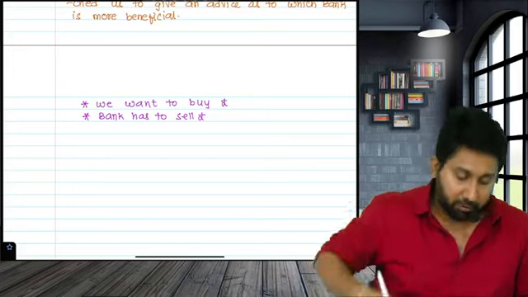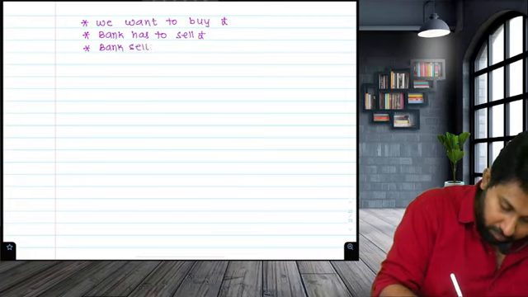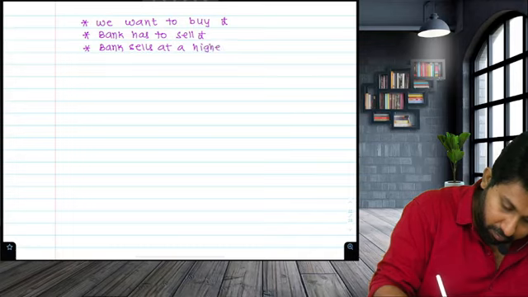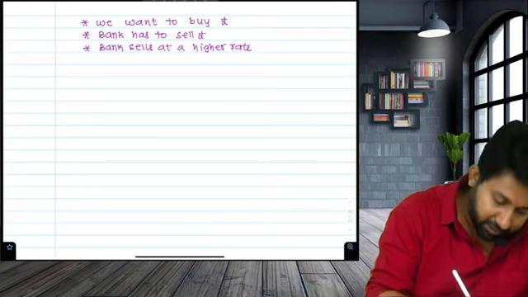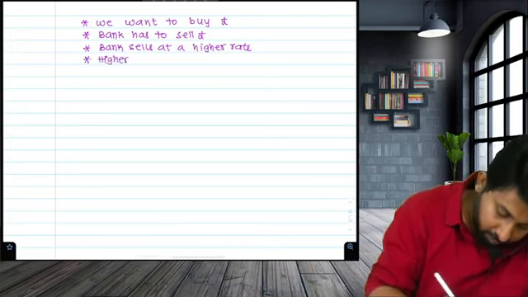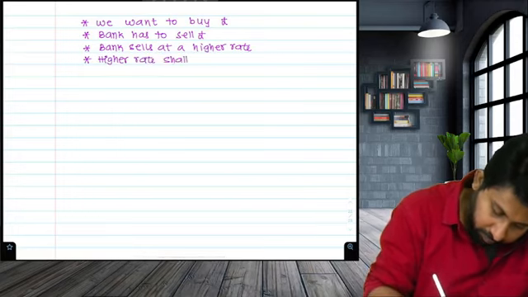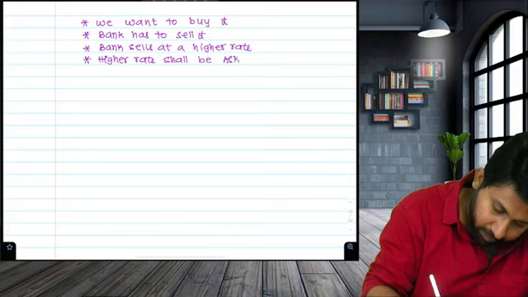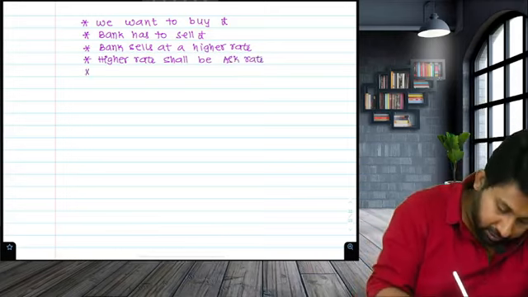Bank has to sell pounds. Bank sells at a higher rate. Higher rate shall be the ask rate.